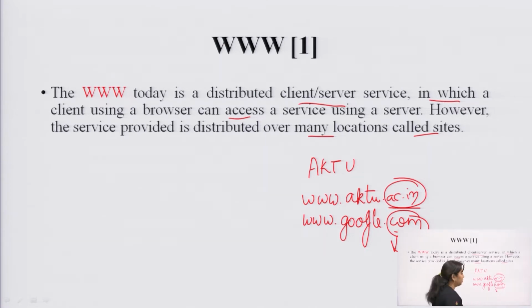Then .edu is also there, .edu.in, like akg.edu.in. So, these are related to educational institutes, and it may vary, but the important thing to note is the extension of each website, these are known as websites.